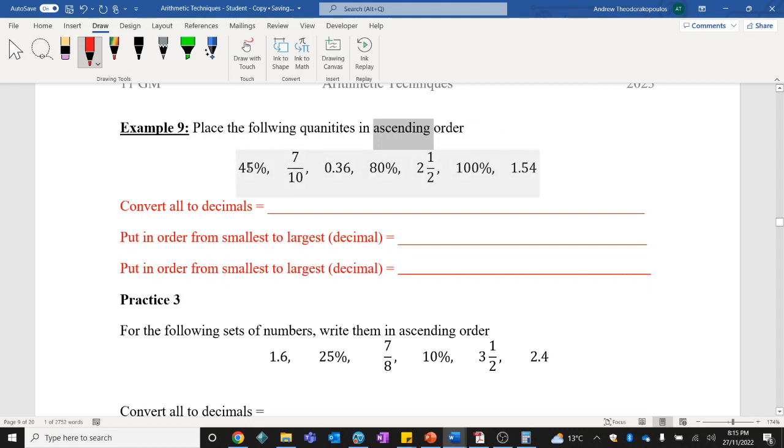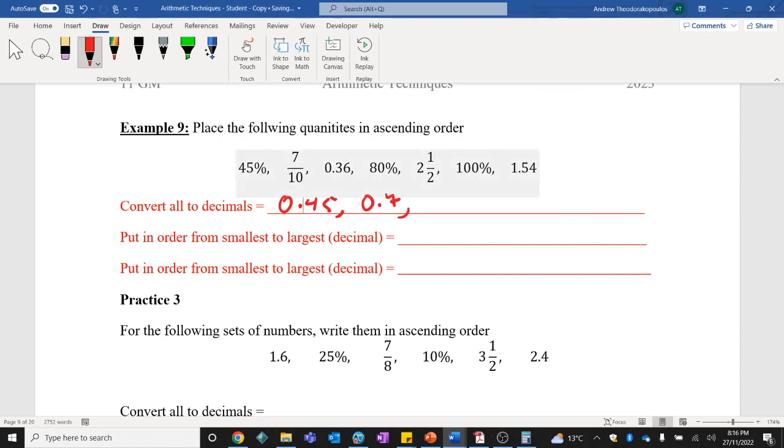Okay, so we need to make sure all of these are in decimals, and that way we can just order them. So 45%, if you follow the rules from above, would be 0.45. If you follow the rules from above for a fraction to a decimal, that would be 0.7.